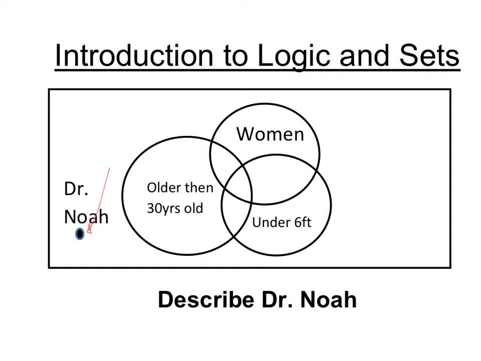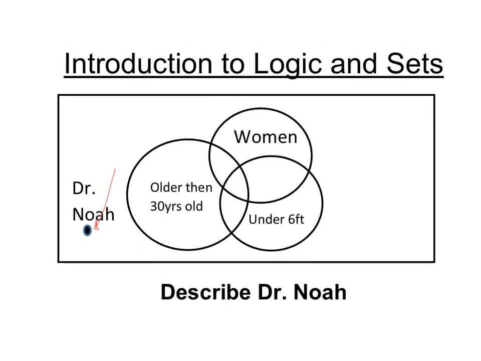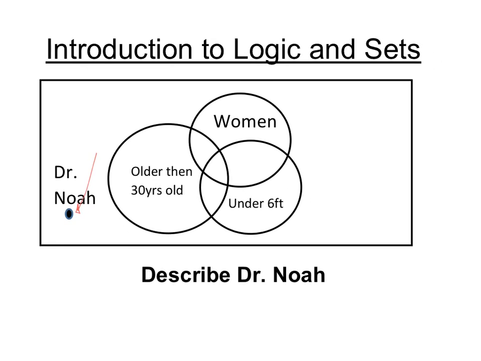Jot down some of those things and push pause, and then check back in on what some classmates have said. Some classmates have said that he is not a woman, so then they might say that he's a man.